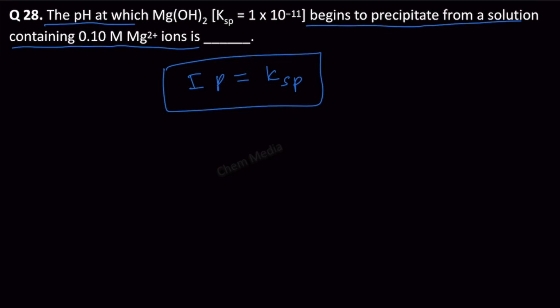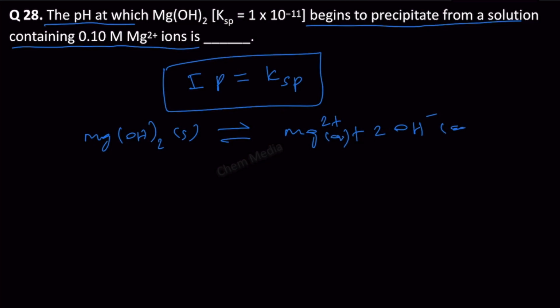So we know that magnesium hydroxide solid would dissociate as Mg2+ plus 2 OH- in the aqueous medium. So if the molar concentration of magnesium hydroxide is S, then the molar concentration of Mg2+ is S, and the molar concentration of OH- is 2S.